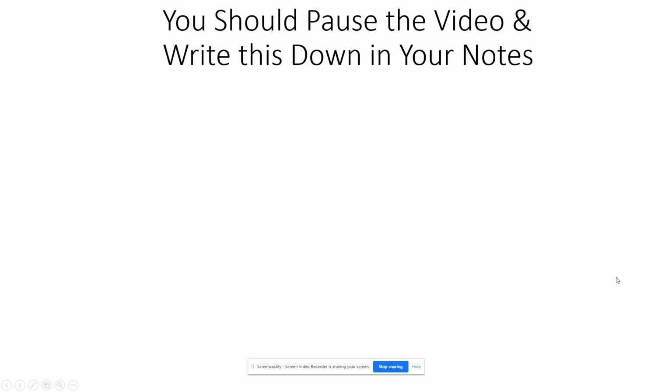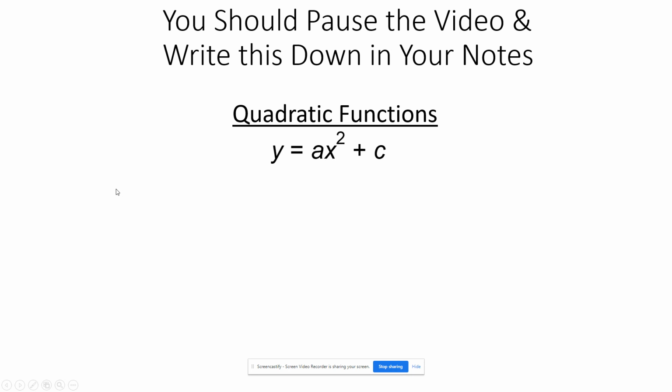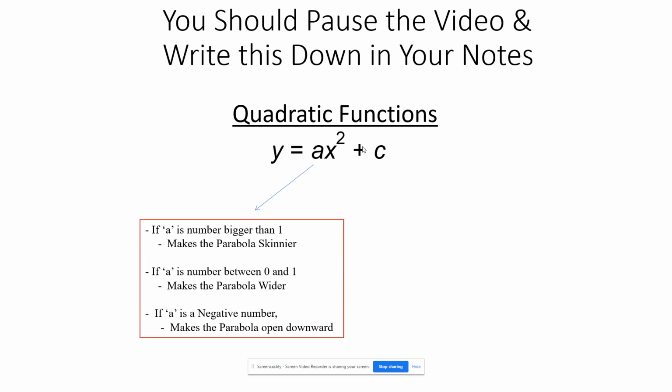So quadratic functions in this form, where we have y equals ax squared plus c. The term a is in front of the x squared, and the c is a constant. Whenever you have the a term, if a is a number bigger than 1, it makes the parabola, which is a graph, get skinnier.